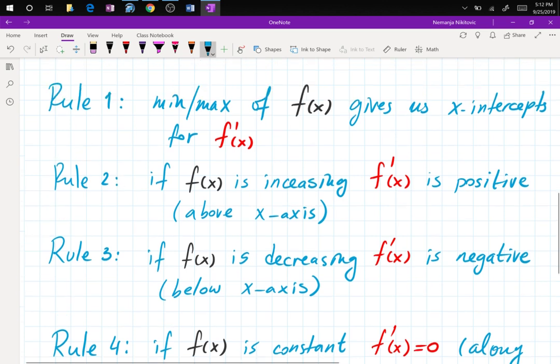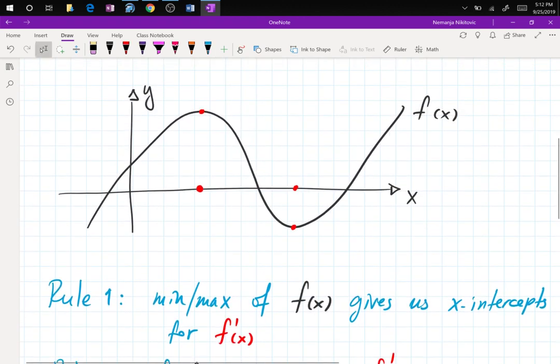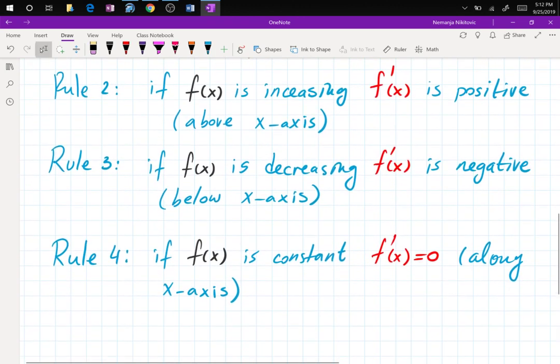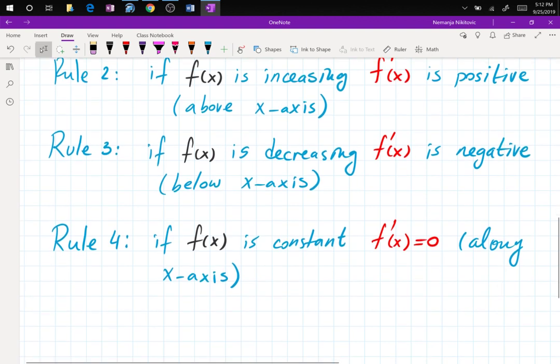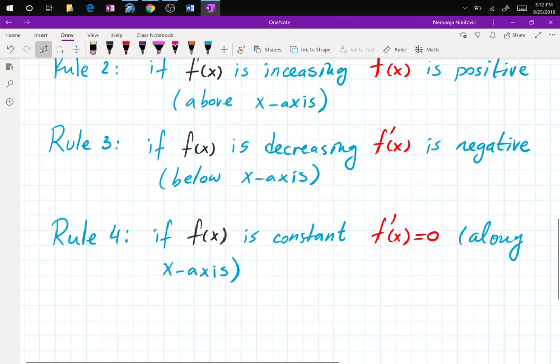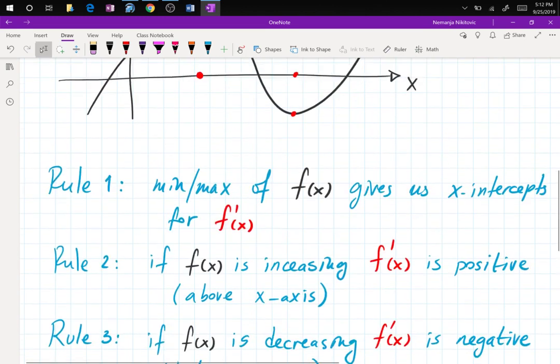So those are the rules. So now let's use these rules. Okay, let's go and look at this now.